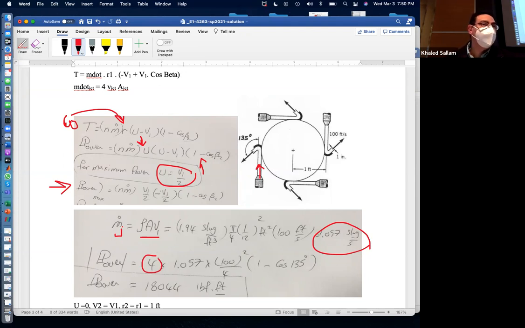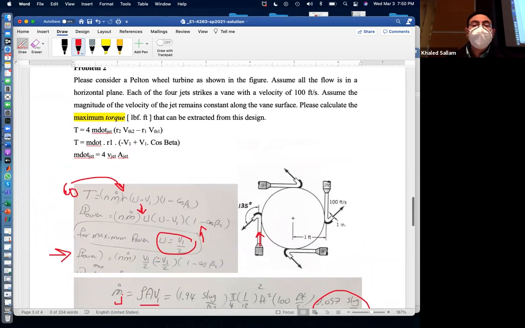Very good. Now he said here he wants the maximum torque, and he put it in italics. Okay. When will maximum torque happen? When the velocity is 0, right? So this is basically someone asking you, how much torque does it take to arrest this? We want a brake.